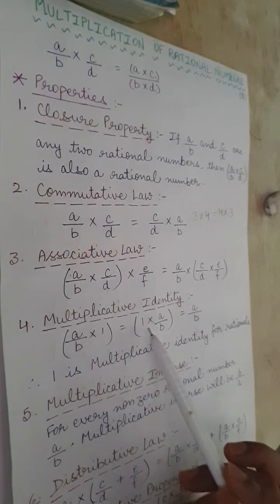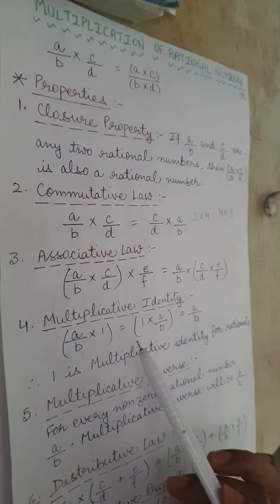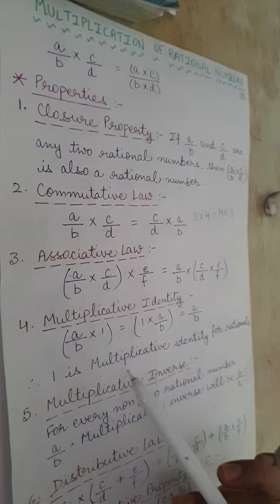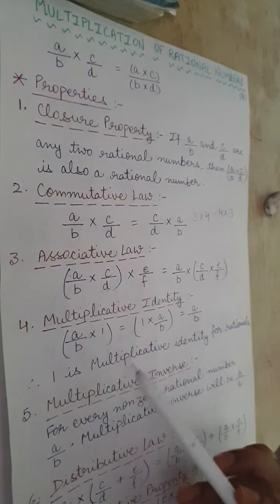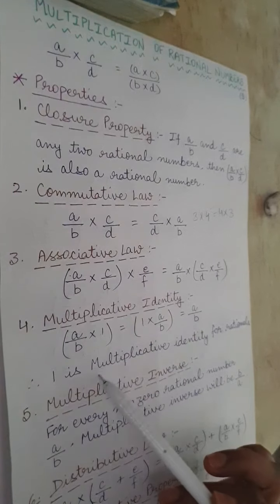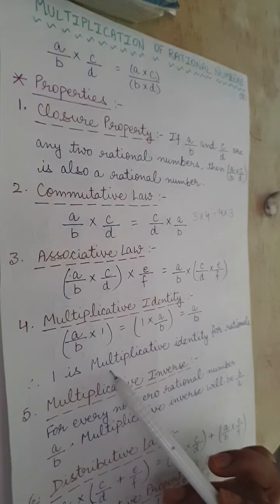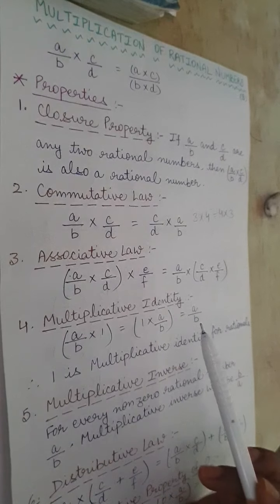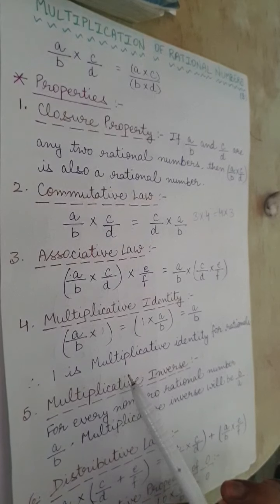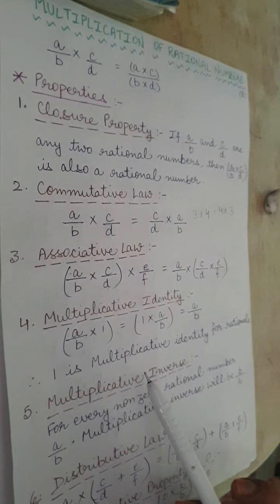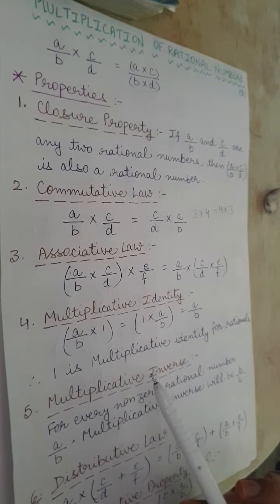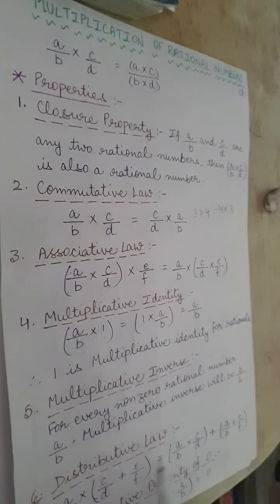The next is the multiplicative identity. The multiplicative identity is 1, because if we multiply any rational number by 1, the result will remain unaffected. The result will always be the same.